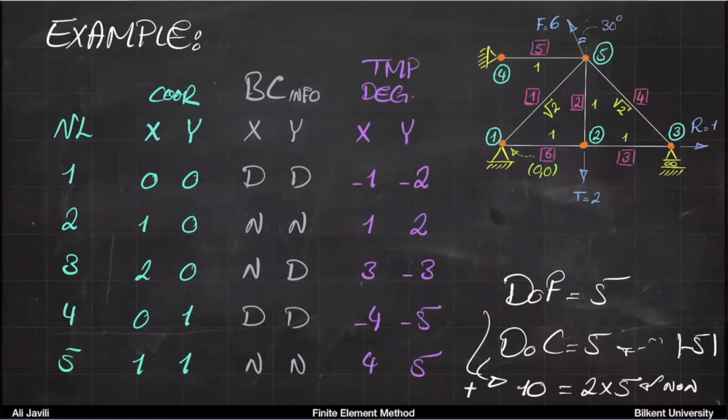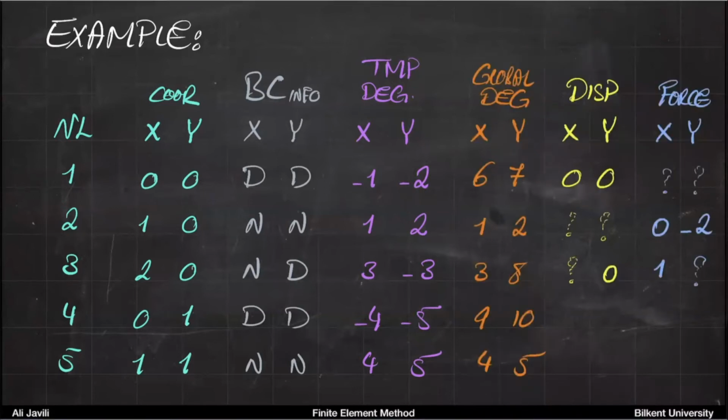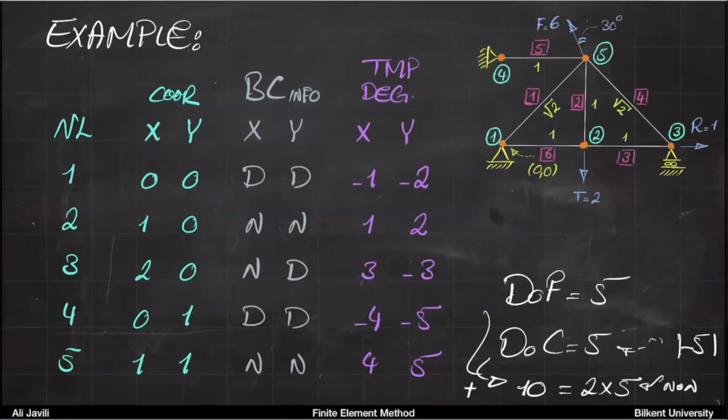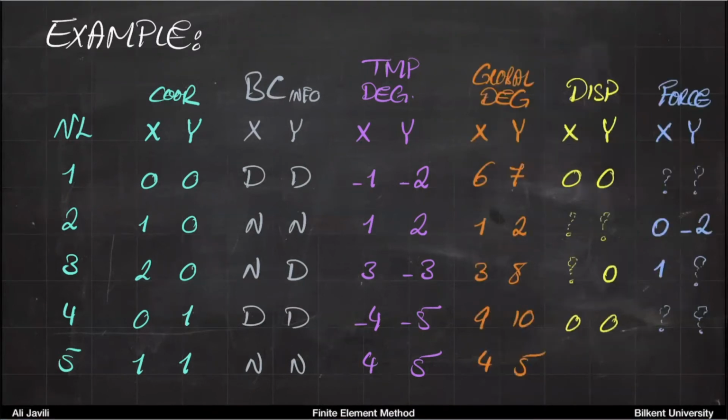And at node 4, again, the displacements are 0. That means both forces are unknown. And at node 5, node 5 is interesting because now we have a force of 6 that is multiplied by cosine 30, and it's vertical, and sine 30 in the -x direction.